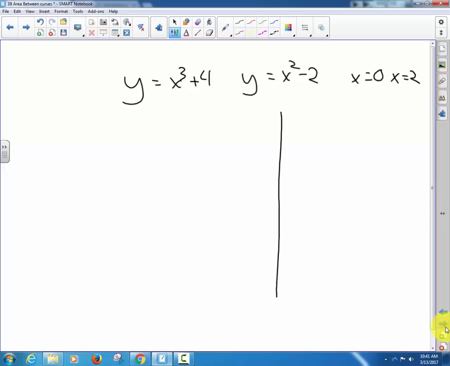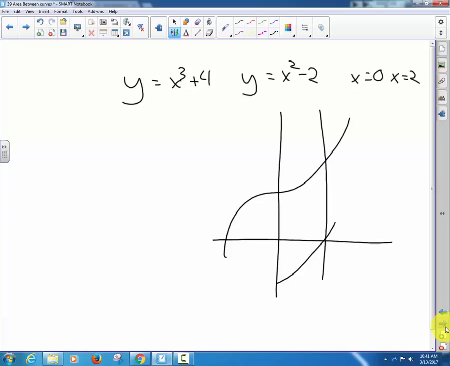All right? If we were to look at that graph, it's going to look something like that one did. We've got an x equals 2 and x squared minus 2. Something like this here.